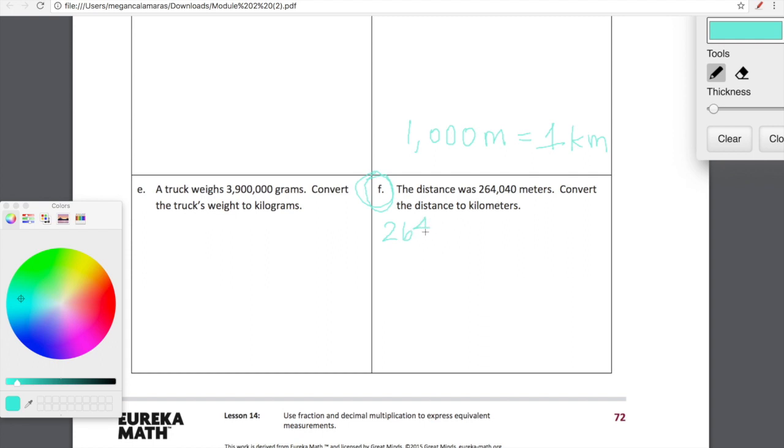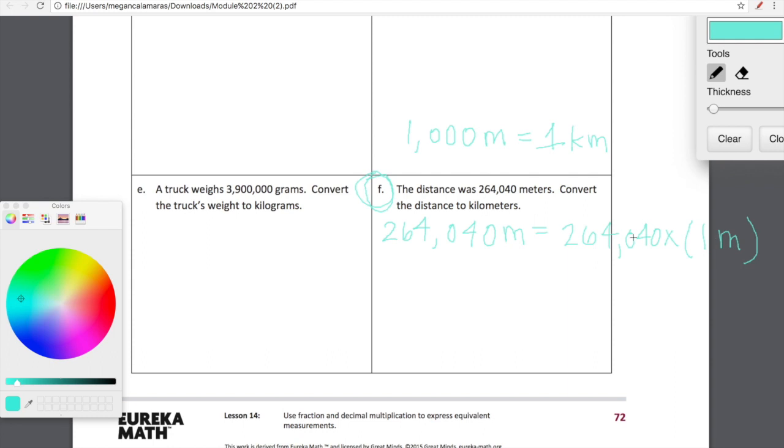This is always how we're going to start our conversions. 264,040 meters is equal to 264,040 copies of 1 meter.